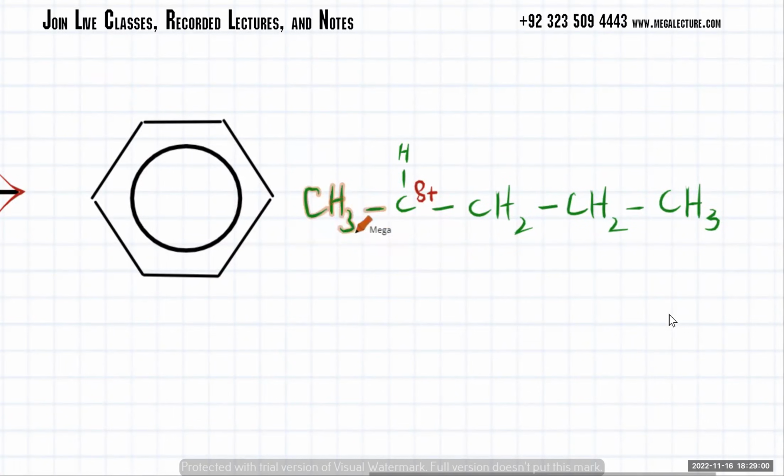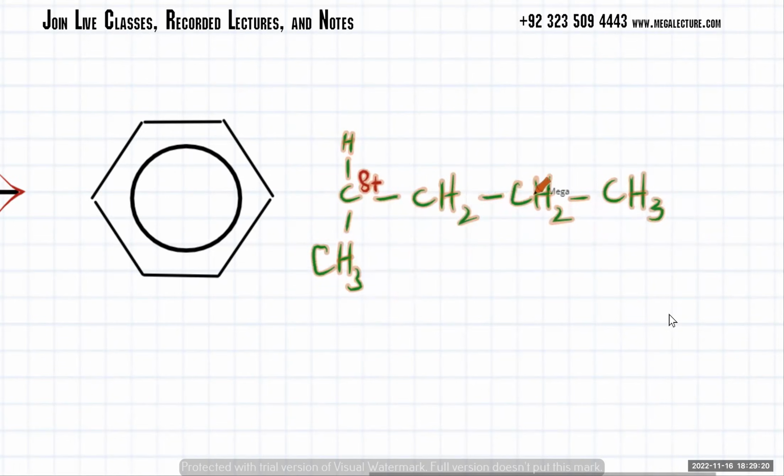So I'm going to push the other things out of the way. I've bent the CH3 downwards, and it's this carbon that was positively charged. That's the one that's going to go and get attached to this benzene.